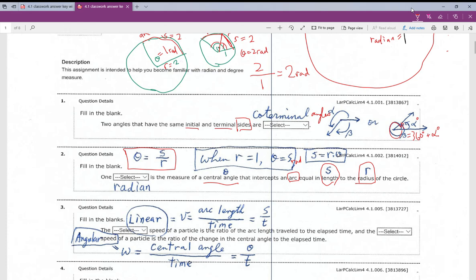If you multiply R on both sides and cancel out R, you have S equals R times theta. That's how you measure the length of the arc. We are going to use these two formulas, depending on what they ask you.